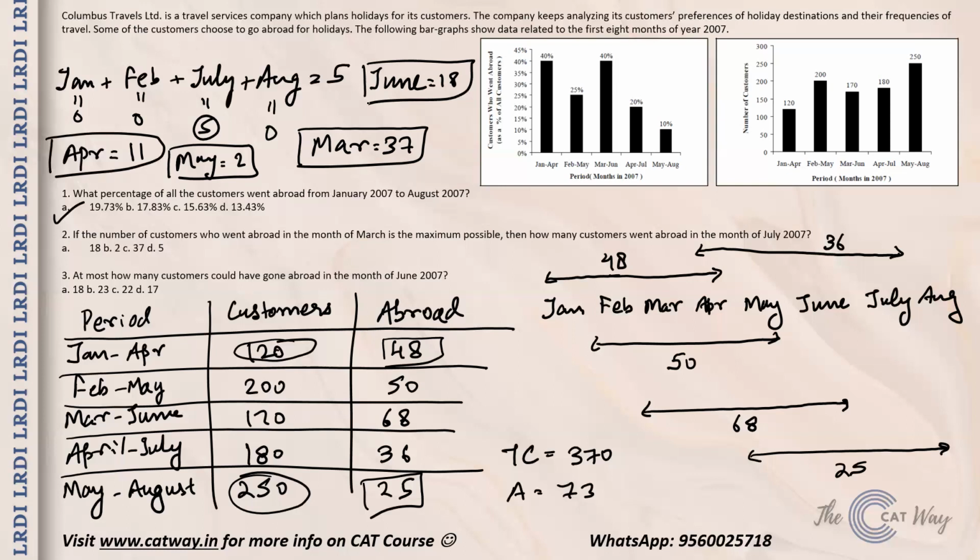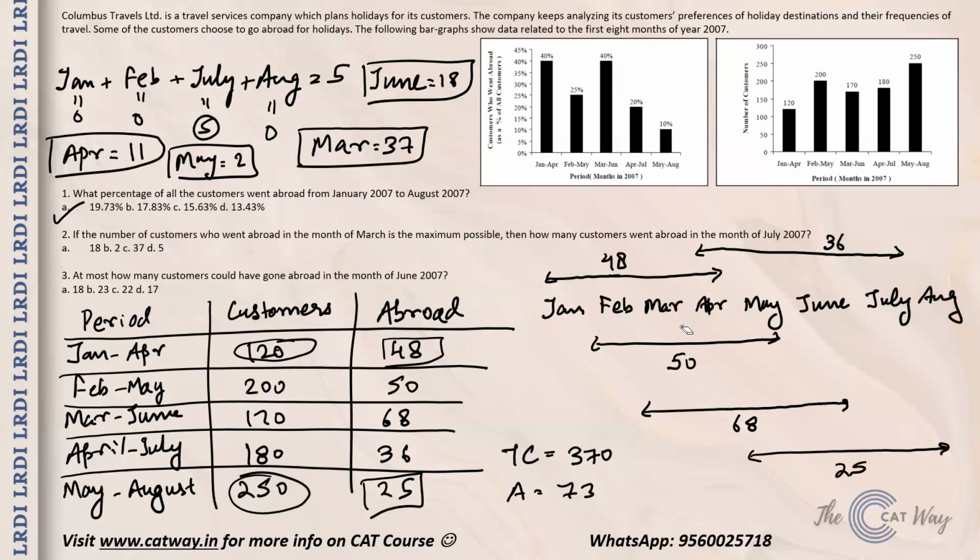So like this, now we have the data for all of them, and let's verify. January to April, we have Jan, Feb 0, March, April 37, 11, 48 is there. February to May, we have Feb 0, March 37, April 11, May is 2, that is 50, right? Then March to June, again we have verified, total as 68.